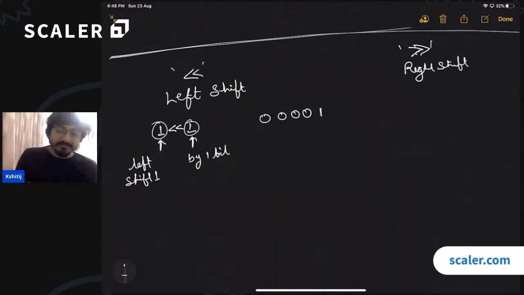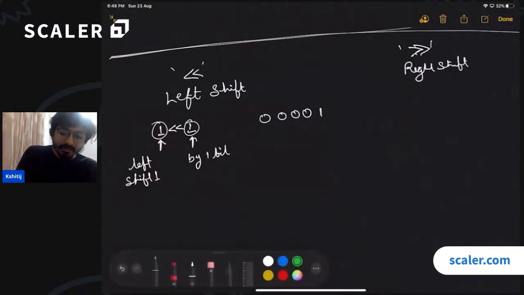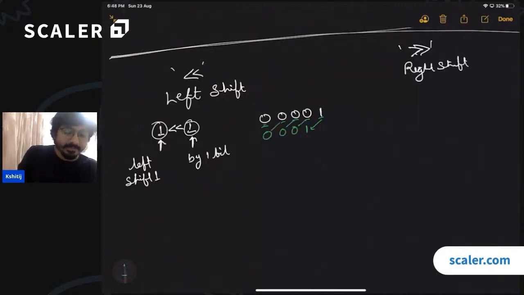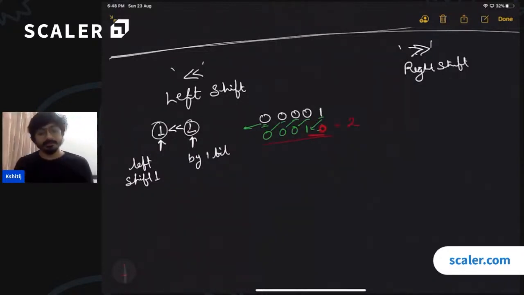If I left shift 1 by 1 position, all the bits will be shifted towards the left side by 1 place. So this 1 will come here, this 0 will come here, and so on, and the leftmost 0 will be removed. In the empty position a new 0 will be added. So what is the end result? The end result is 1 0, which is equal to 2 in decimal representation.